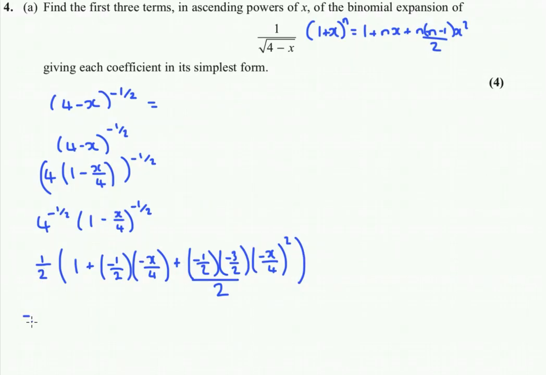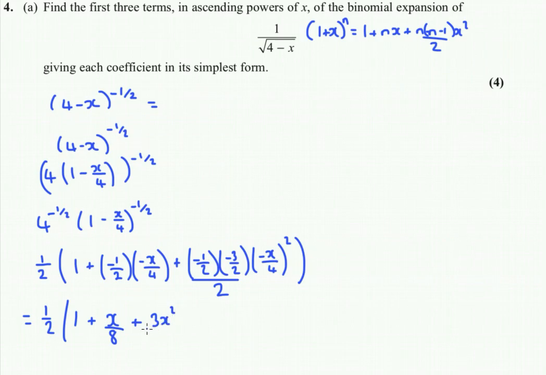Okay, so then that simplifies. If we simplify each term, we're going to get 1 for the first term, we're going to get x on top for the second term, and 2 4s are 8 on the bottom. And then for this x squared term, we've got a 3 and a positive x squared on the top, and we've got 2 negatives here which also make a positive, so that's positive 3x squared.